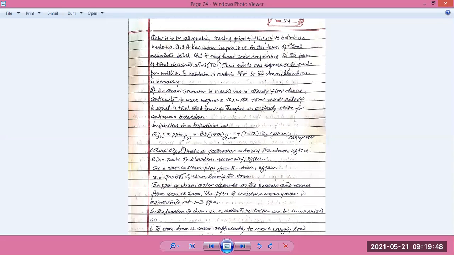So what are the impurities in? Omega FW, where F is feed and W is water, is the rate of feed water entering the drum in kg per second.